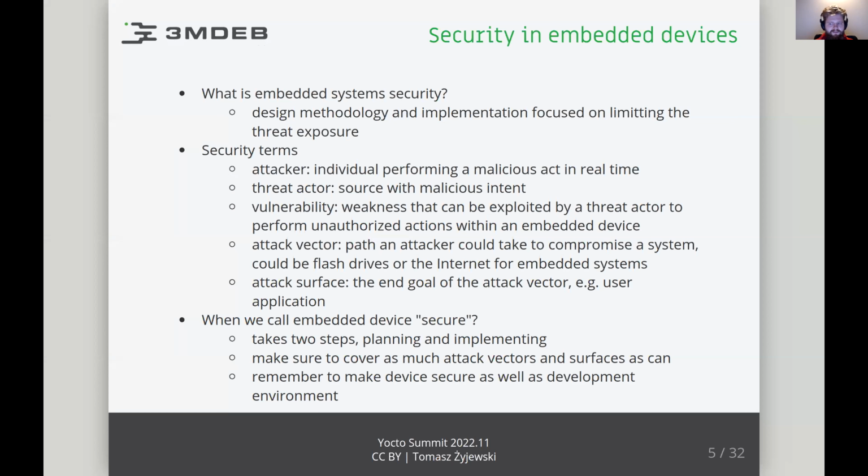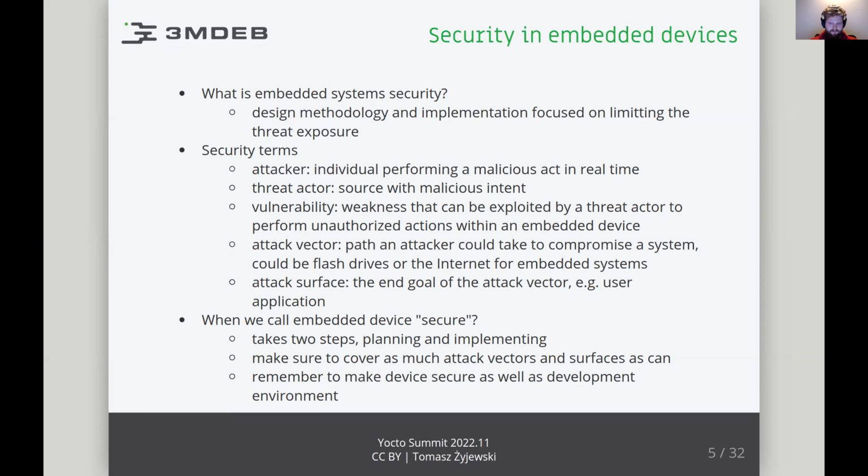In the case of embedded devices, it can be, for example, an internet connection, because today a huge number of every kind of device is connected to the internet, to the network, or it could be something on our board, like the flash storage, or the SPI lines, etc. Next, there is the attack surface, which is the target of the attack. The element that the threat actor wants to affect can be, for example, some user application.